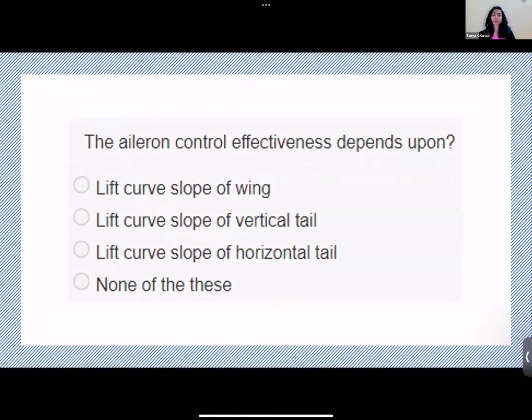So it depends upon the lift curve slope of the wing. For the vertical tail, what is it? Rudder. And horizontal tail is elevator, correct. So lift curve slope of the wing is what the aileron control effectiveness depends upon.